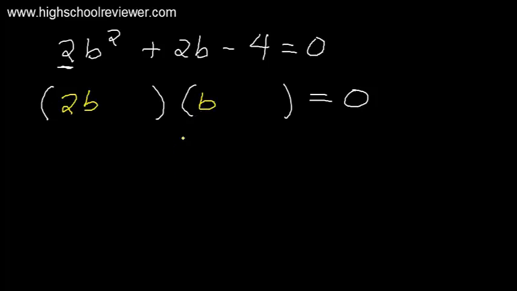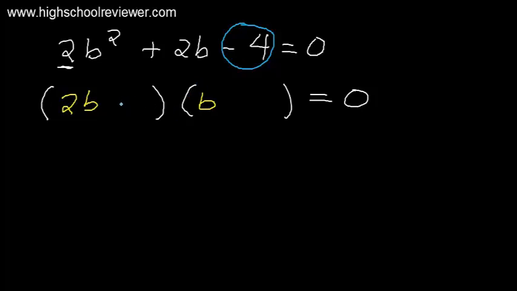And then next we are going to factor out our third term. Our third term here is negative 4. Since this is negative and our middle term, or our second term, is positive, the factors that we are going to use with negative 4 will be positive and negative.